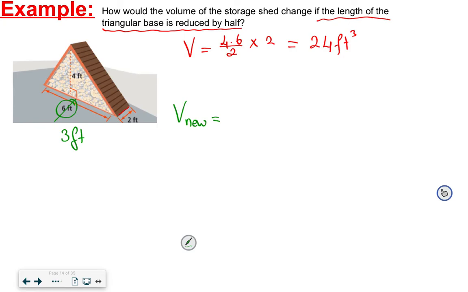Now we are going to find the base area, 4 times 3 over 2, times height 2. From here, if you simplify, you will get 12 cubic feet. So what happened? If you change the length of the triangular base, the volume is changing as well. So this is the answer.